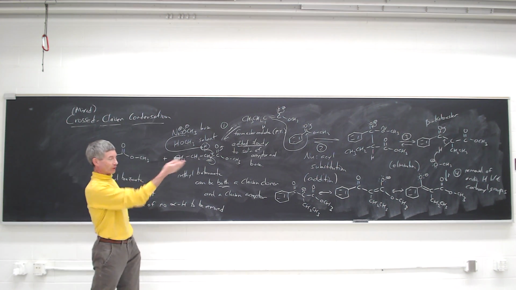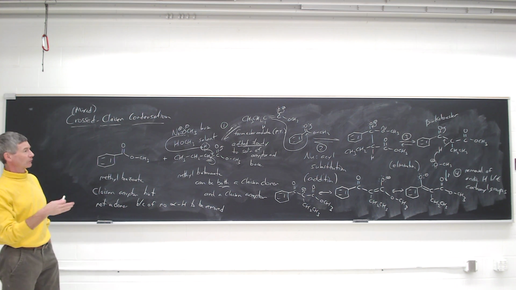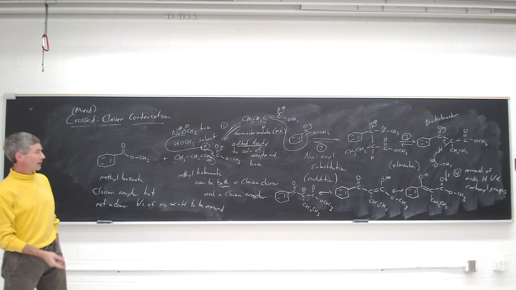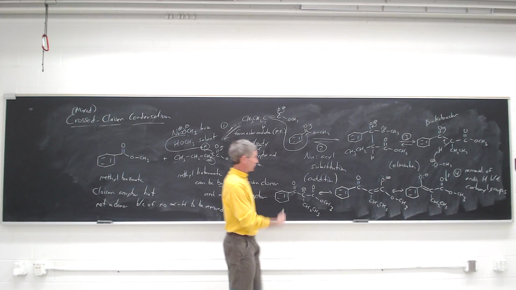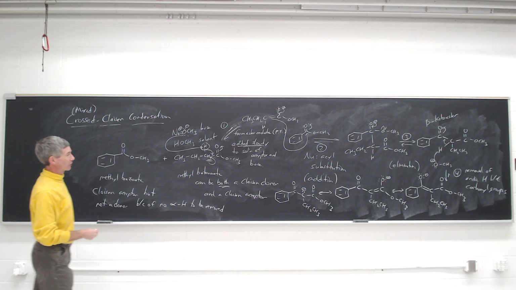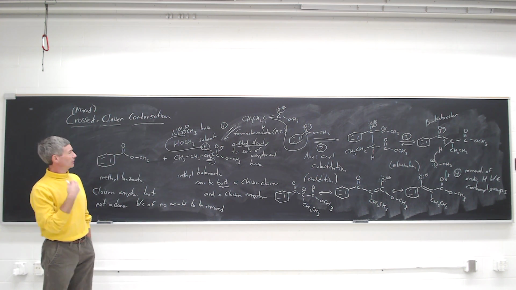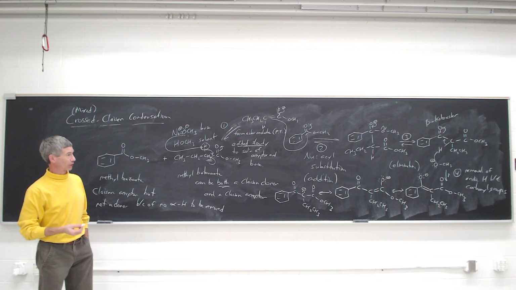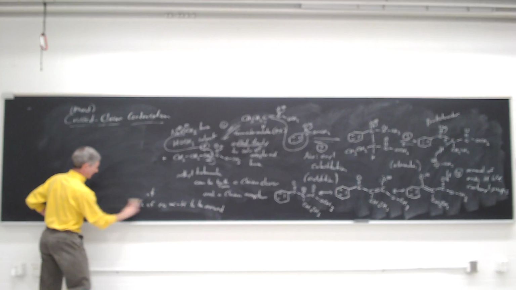Otherwise, step 4 can't occur, and if step 4 can't occur, you don't really have the driving force for driving the Claisen condensation forward. The product of step 4, of course, is not the beta keto ester. Beta keto ester is the product of step 3, but in a strongly basic reaction like this, there's almost always a mild acid workup.